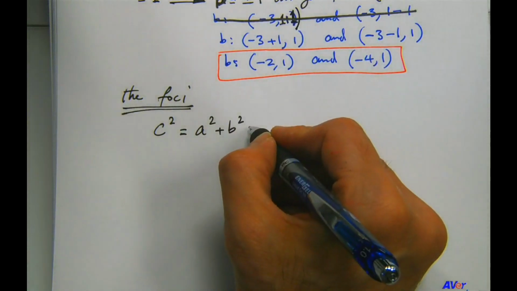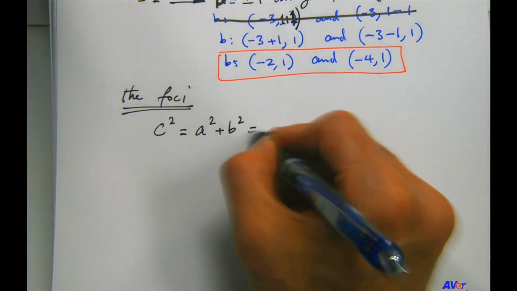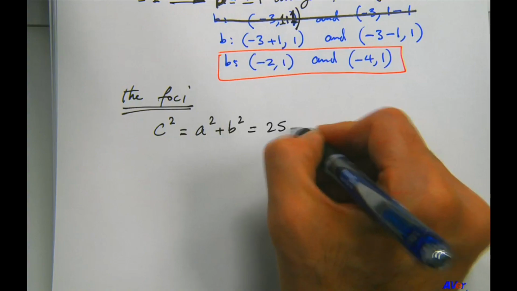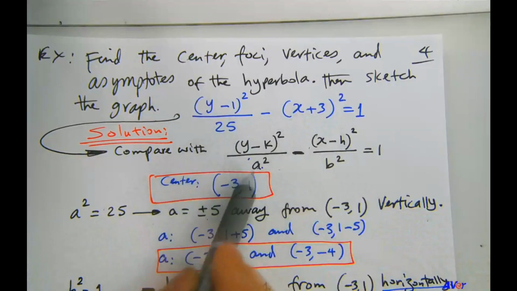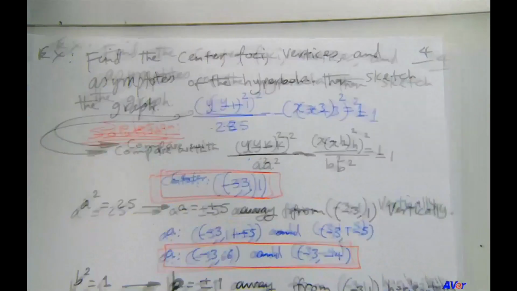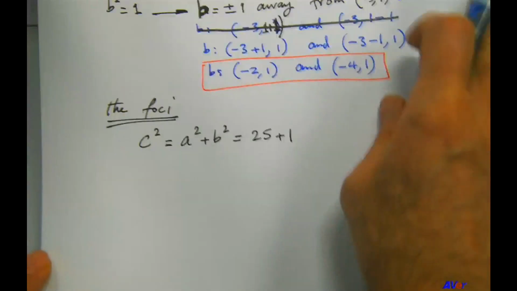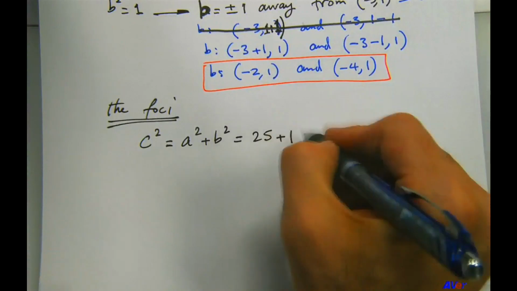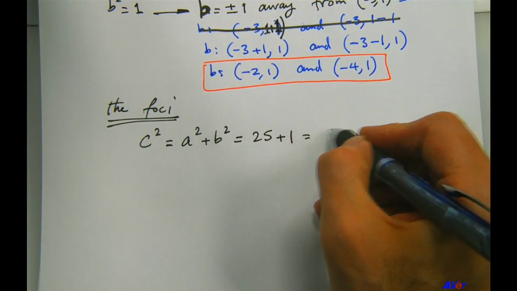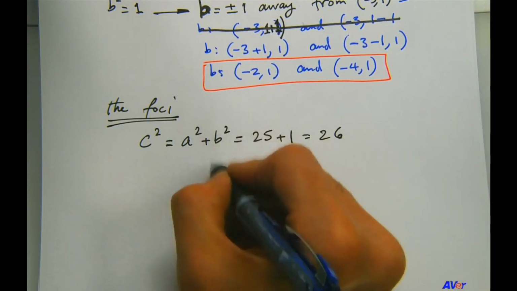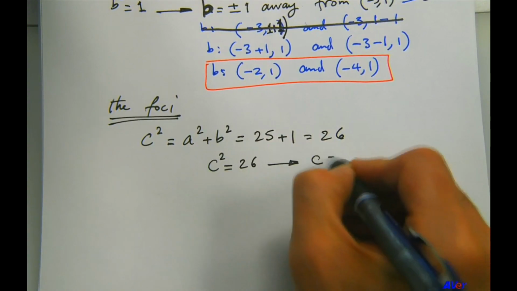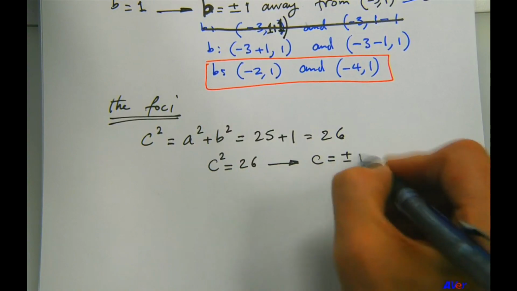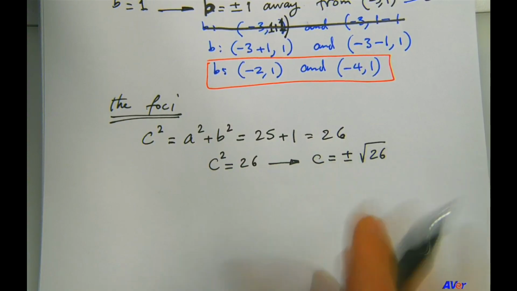So a squared was 25, b squared was 1. And plugging in, we have 26. So if c squared is equal to 26, therefore c is equal to plus or minus square root of 26.